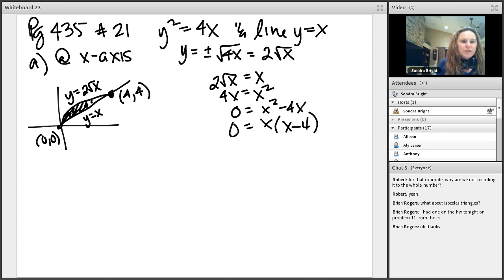When we take that shape and revolve it about the x-axis, so here's the x-axis, it'll look like this-ish.